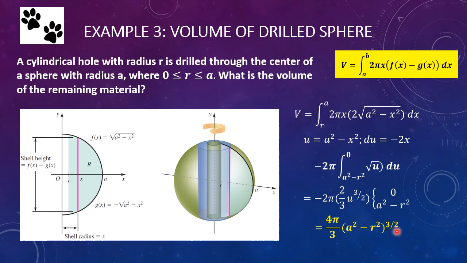And so we can see we get the actual volume of a solid sphere if we make that hole radius 0 or no hole at all. And so that's a way to conceptually check our work as well, to make sure that we're on the right track.